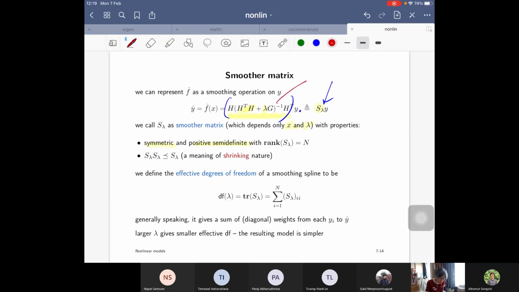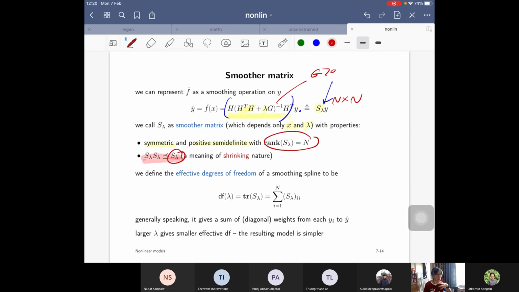Given that G is a positive definite matrix, the dimension of S is n by n. We can show that the rank is full rank as well, which is big N. This one may not be clear and obvious, but I state as a fact that if you operate the smoother matrix twice, it's actually less than the original one.